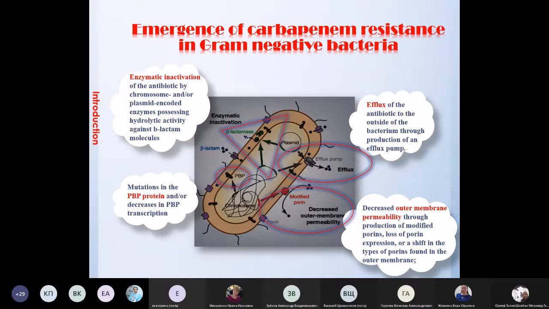They don't allow these carbapenems to enter the bacterial cell. There is also efflux of the antibiotic: when the antibiotic enters the cell, it goes out again.